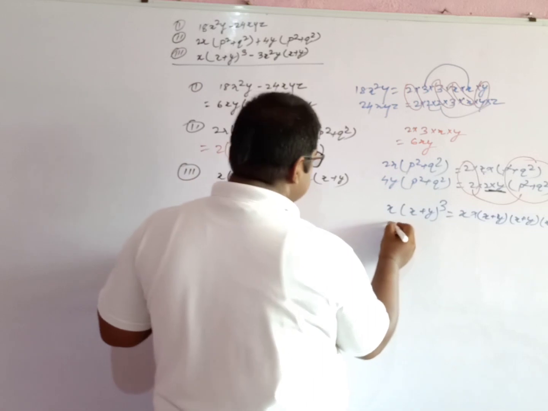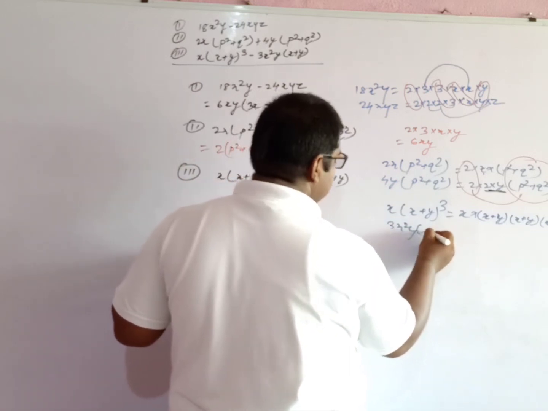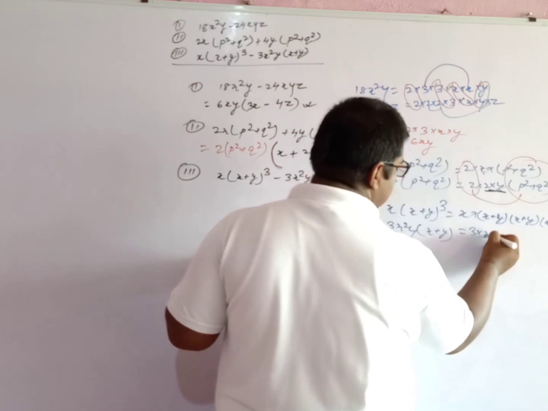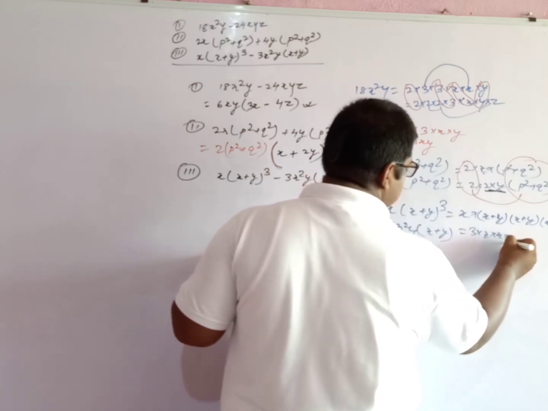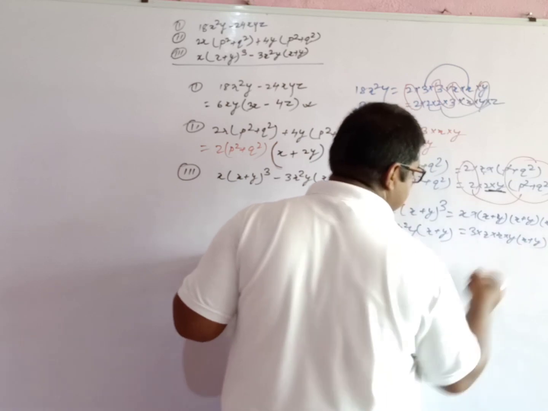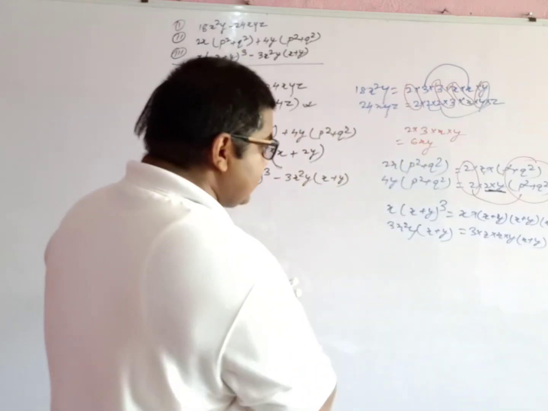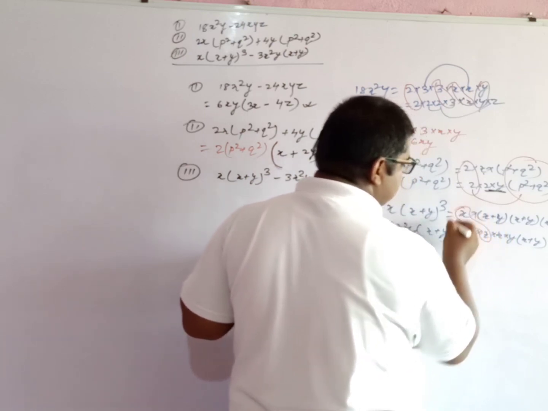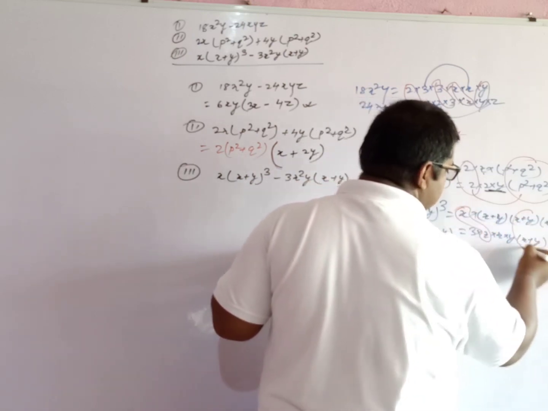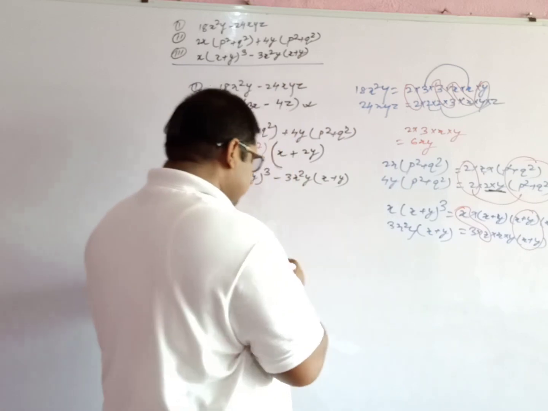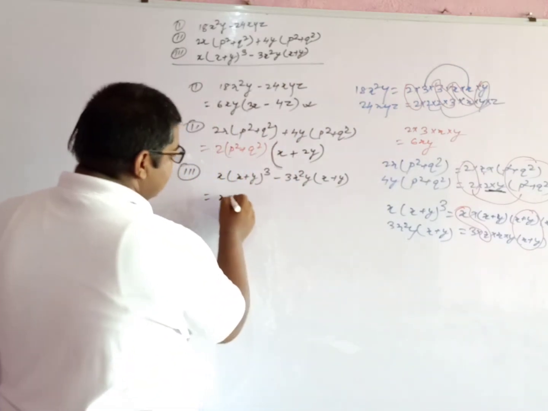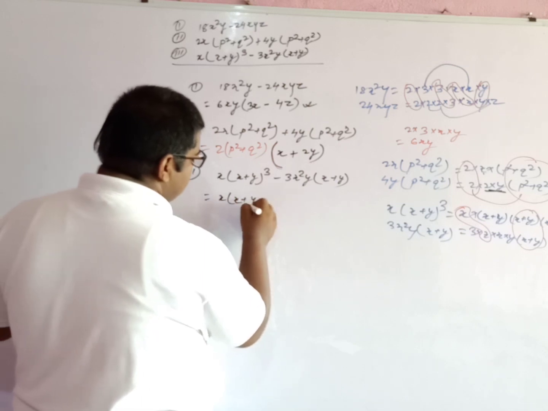And the second term is 3x squared y into (x plus y), which can be written as 3 into x into x into y into (x plus y). You can see what is common: x is common in both terms and (x plus y) is common in both terms, and this is why you write down x plus y.